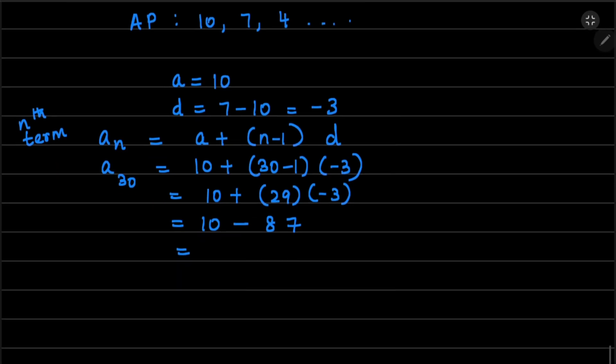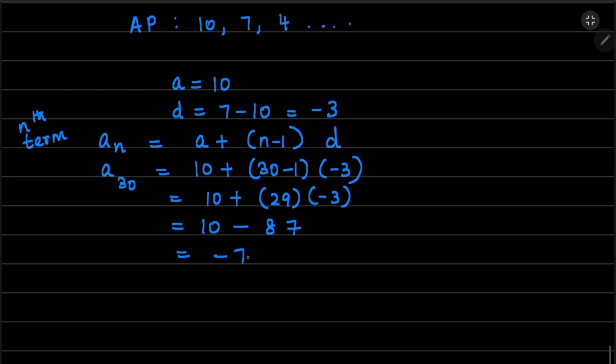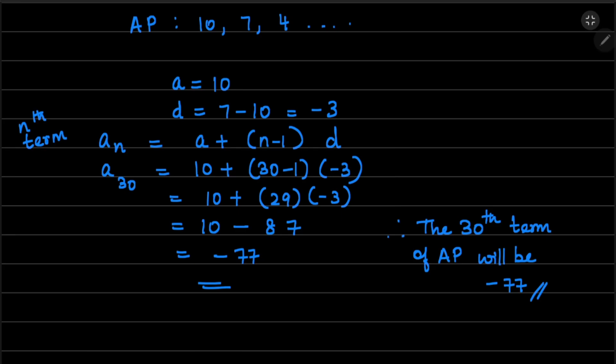So 10 minus 87, that is -77 is the answer. So write down, therefore, the 30th term of this AP will be -77, and that's your answer.